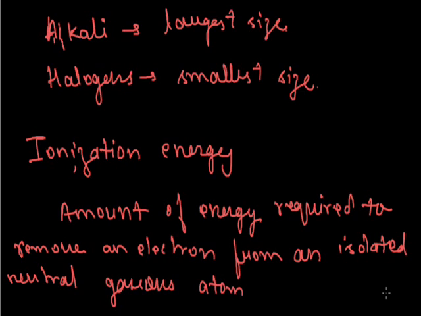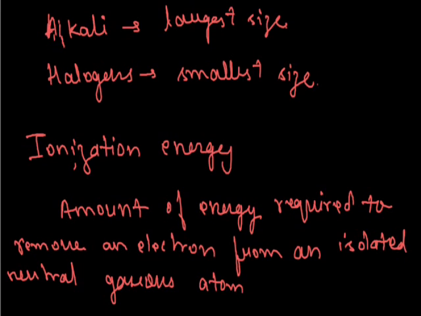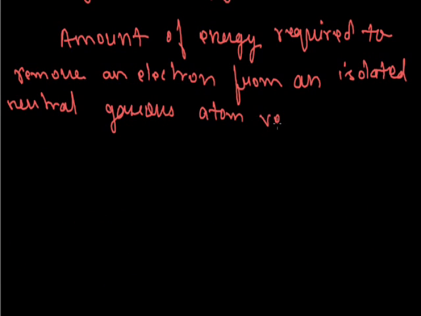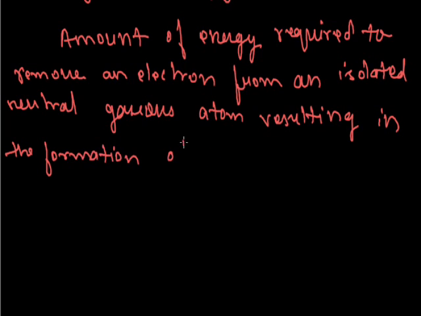Now if the electron is removed, you can tell what will be formed, resulting in the formation of a positive ion.